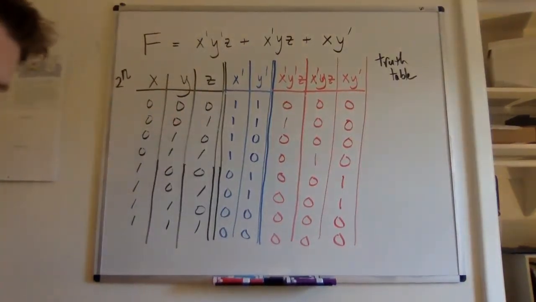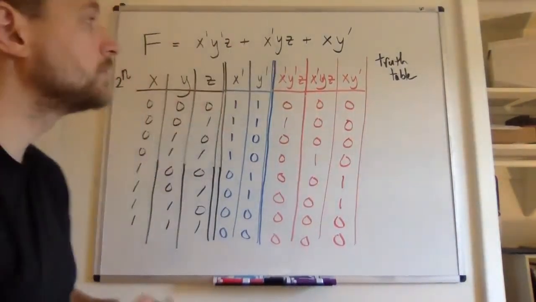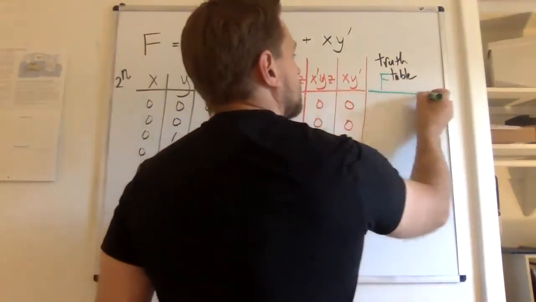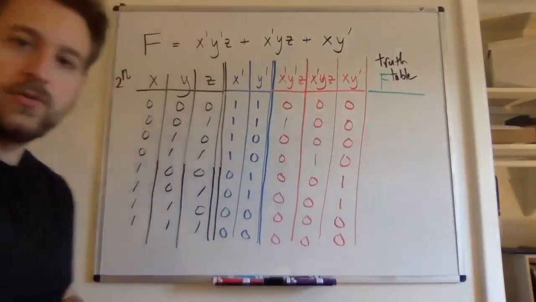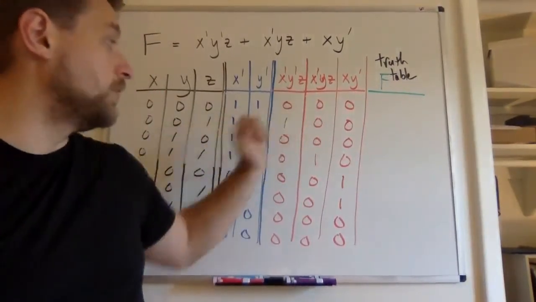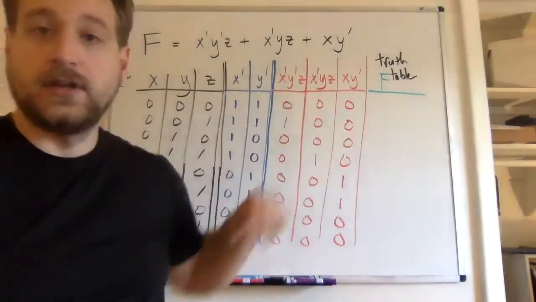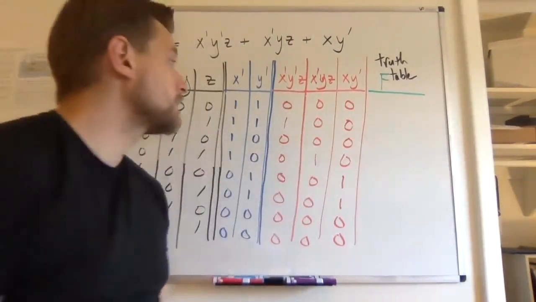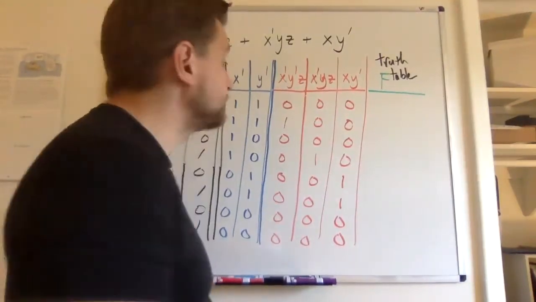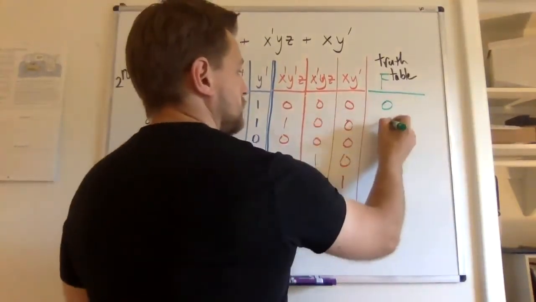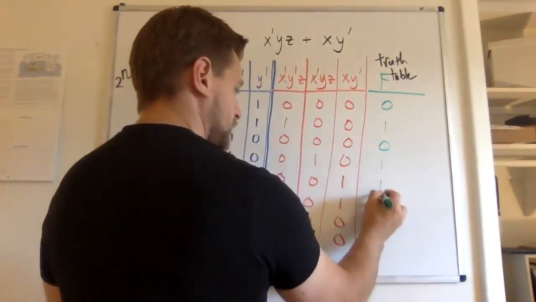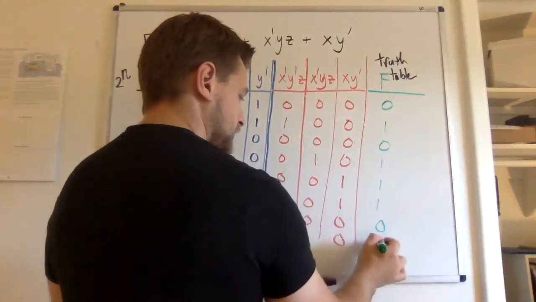Okay, and the last step, function f is the three-way OR. Is it true that either this or this or this is true? Well, there's only 4 times: 0, 1, 0, 1, 1, 1, 0, 0.